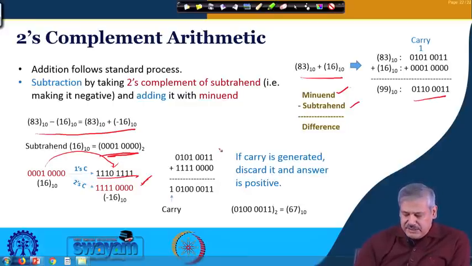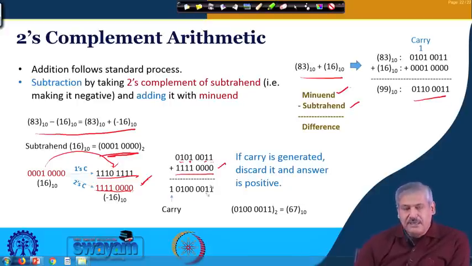Then this number 83, right. So, 83 is this one: 64 plus 16 is 80, plus 2 and 1. So, this is 83. Okay. You look at the weights and then you add. Then add to it this minus 16, the 1s and zeros, right.